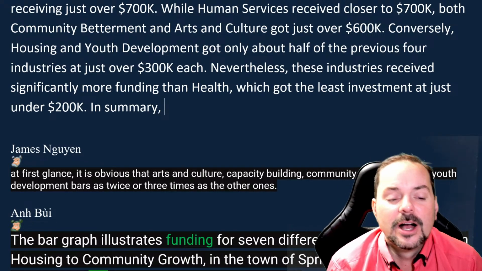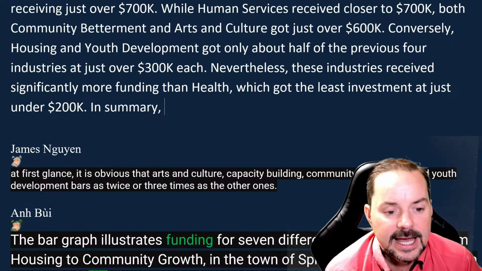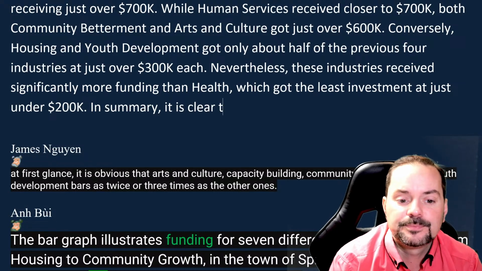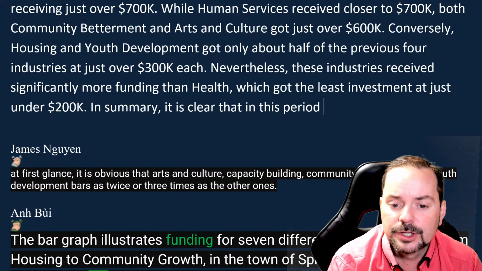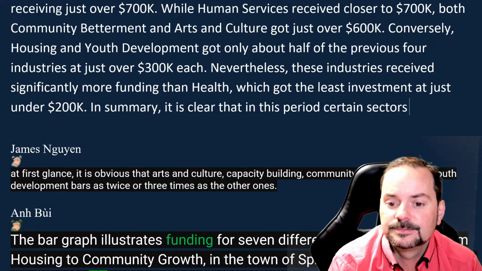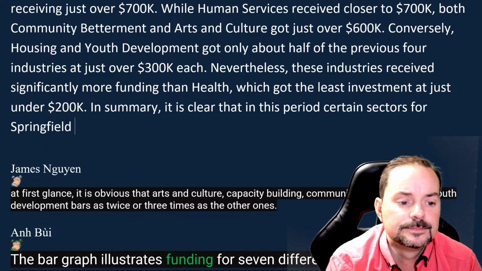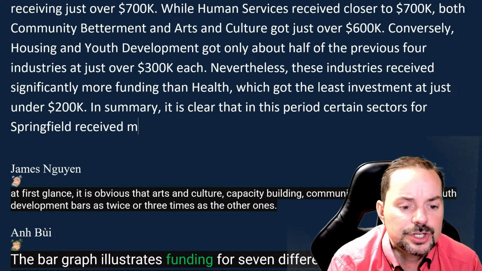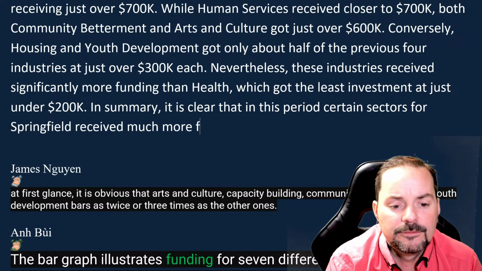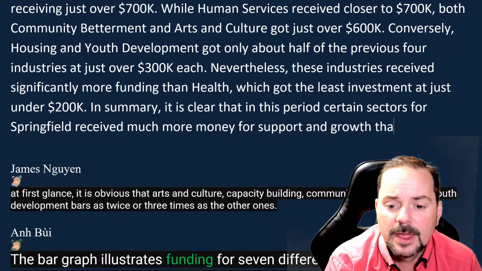Right? So here, we're just going to include a simple summary, nothing major, no assumptions, just what we can see in the data. In summary, it is clear that in this period, certain sectors of Springfield received much more funding or much more money for support and growth than others.